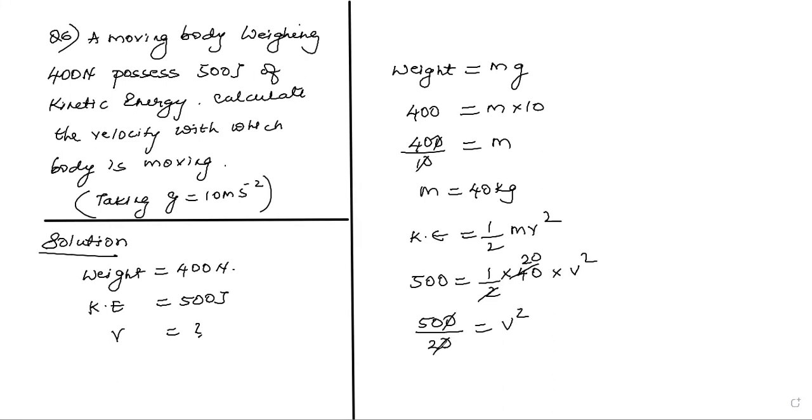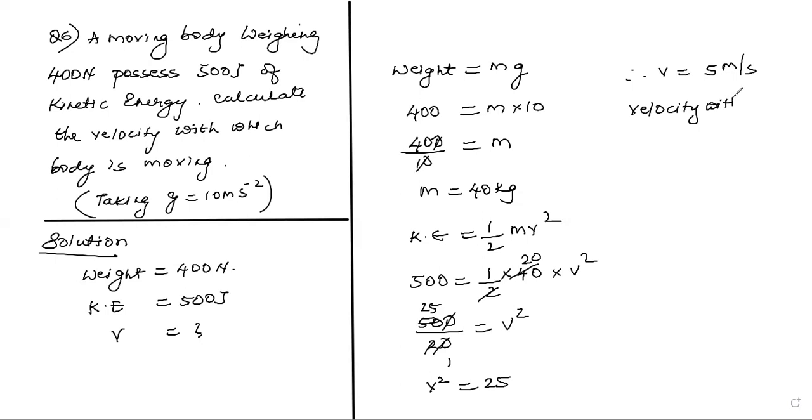That means v square equals 25, so v equals 5 meter per second.